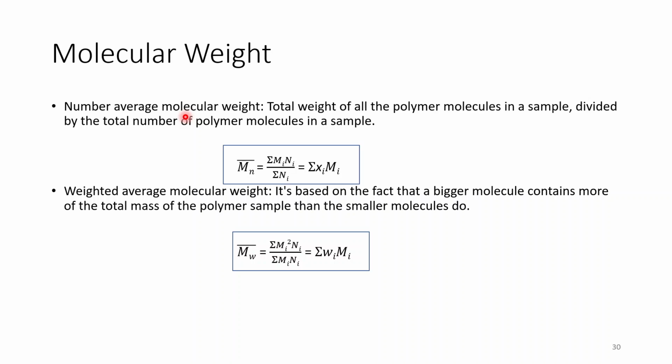This formula you can see. Then for weighted average molecular weight, it's based on the fact that the bigger molecule contains more of the total mass of the polymer sample than the smaller molecules do.